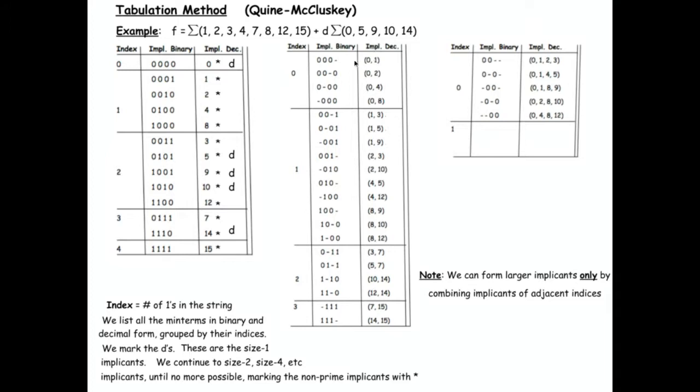For example, with 0, 1, 0 and 1 are the same, with the only difference being the last bit. And 2 and 3 are the same also, because of the difference in the last bit.